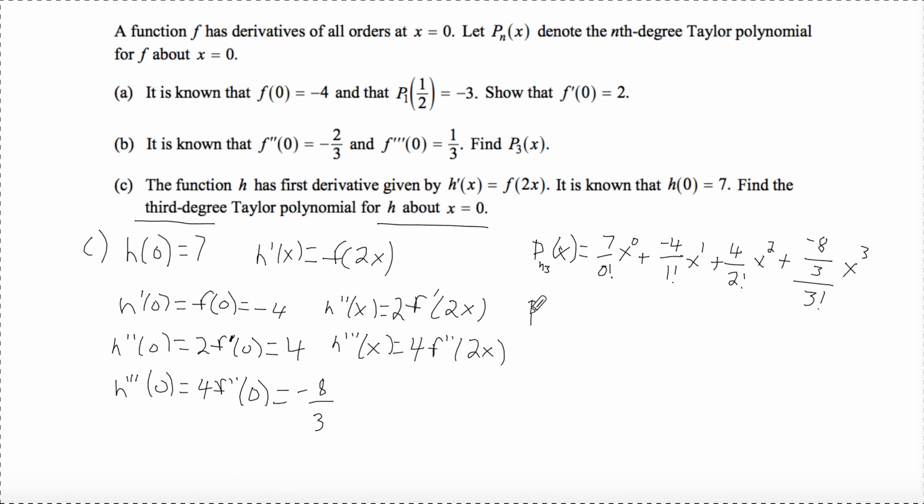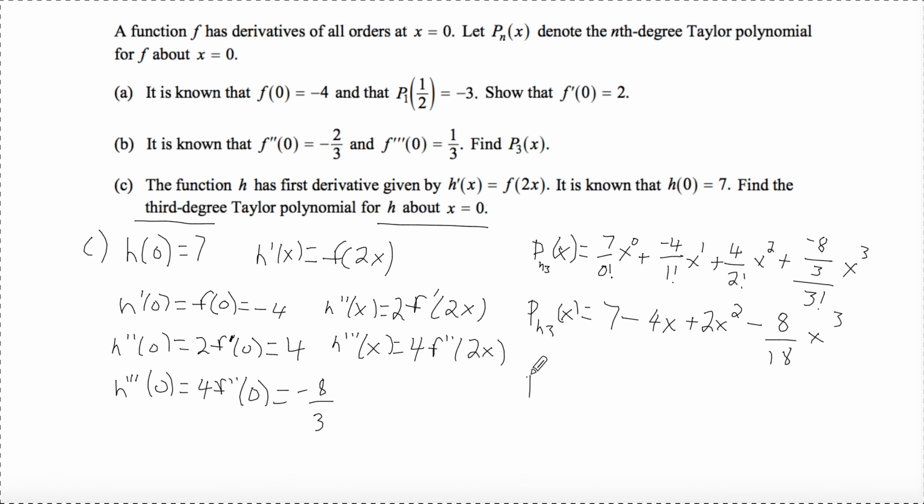So this means that P sub H3 of x is going to be equal to, let's see, 7 divided by 1 times 1 is 7, minus 4 divided by 1 times x is minus 4x, plus 4 divided by 2 factorial, that's 2x squared, minus 8 over 3 divided by 3 factorial. 3 factorial is 6, so it's going to multiply 6 into there. That's going to give me minus 8 over 18 x cubed.